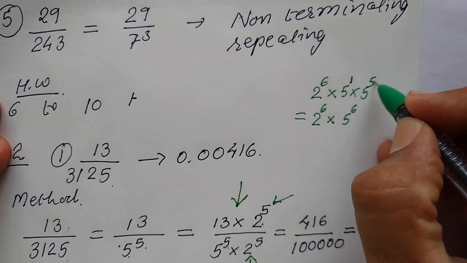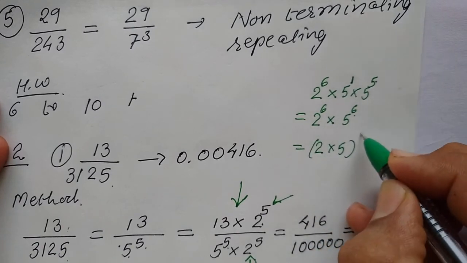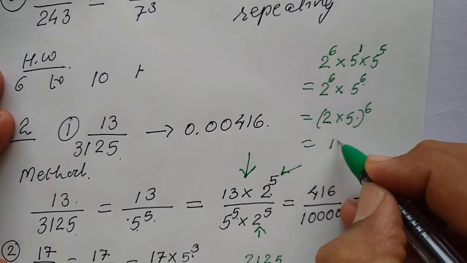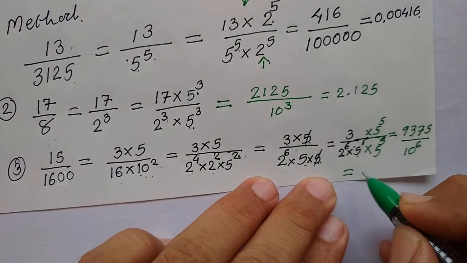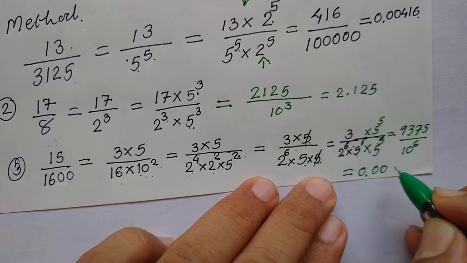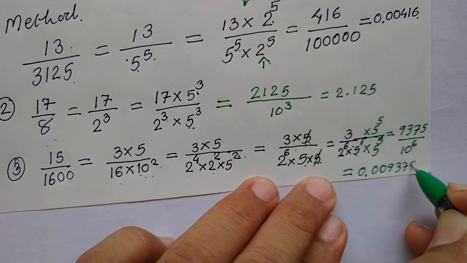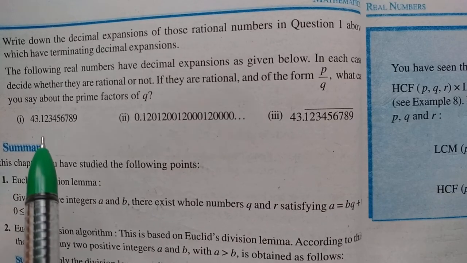This is 1, 1 plus 5, 6. It is 2 into 5, outside 6. 2 into 5, 10 raised to 6. So final answer, children. Now the decimal answer you can convert. So 0.009375. Clear, children?